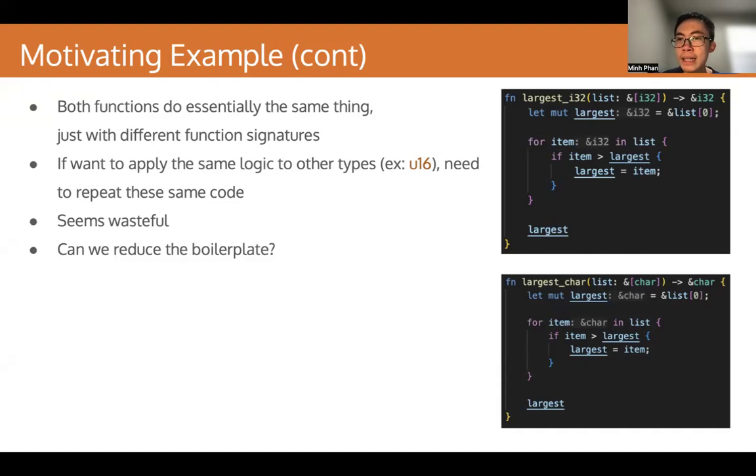One compares a list of integers, and the other compares a list of chars. Say if we want to apply this same logic to other types, such as a list of u16s, we also need to repeat this same code in another new function. This seems really wasteful. Can we reduce the boilerplate?